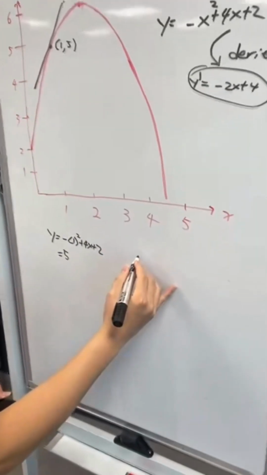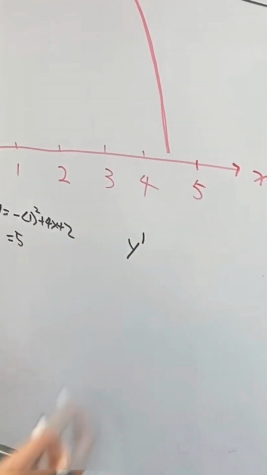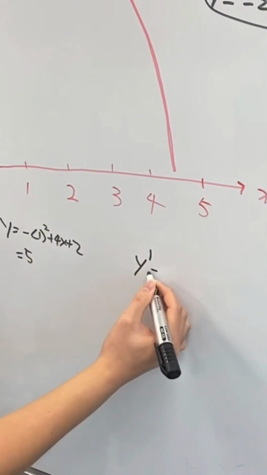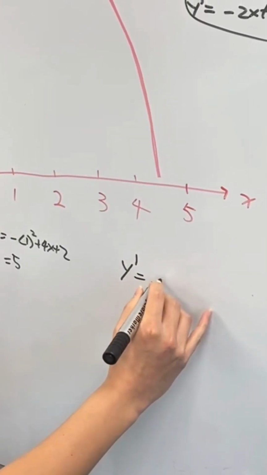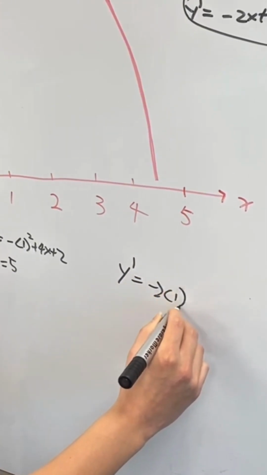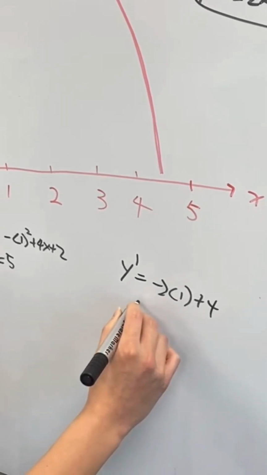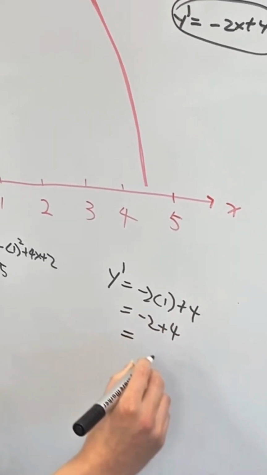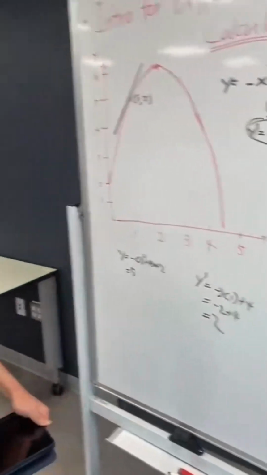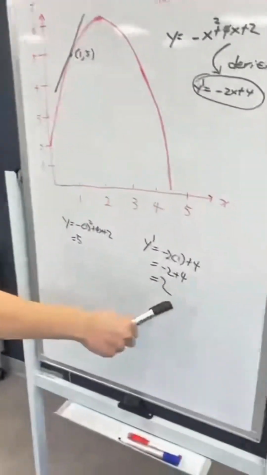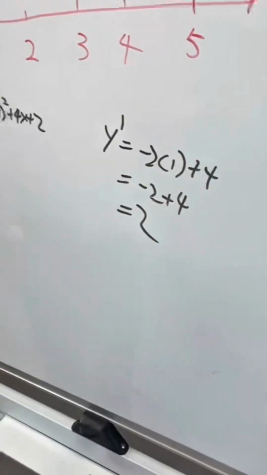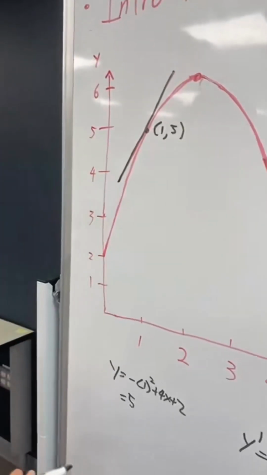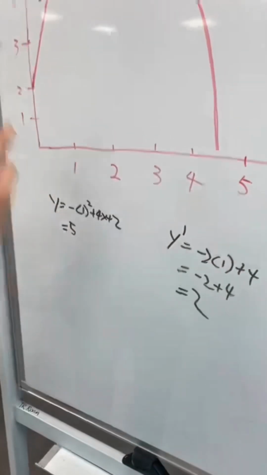So now we use this equation. y prime, which basically means the slope, equals negative 2 times 1, plus 4. That is negative 2 plus 4, which ends up as 2. So from the resulting number, we can say that at this point (1, 5), the slope is 2.